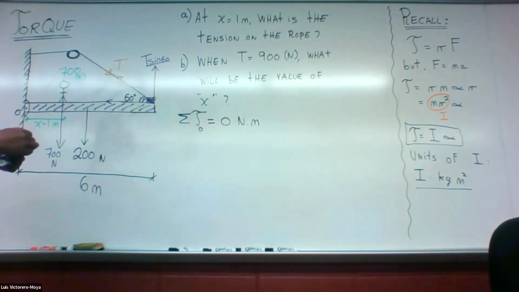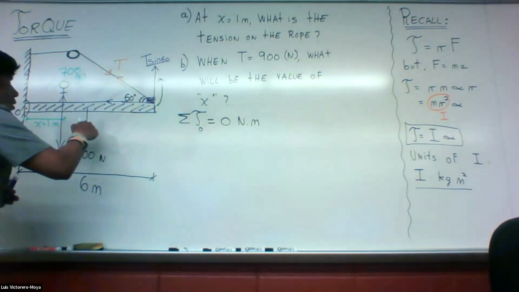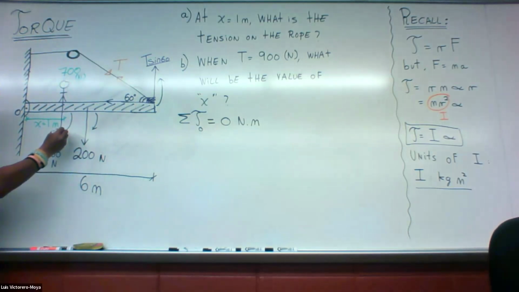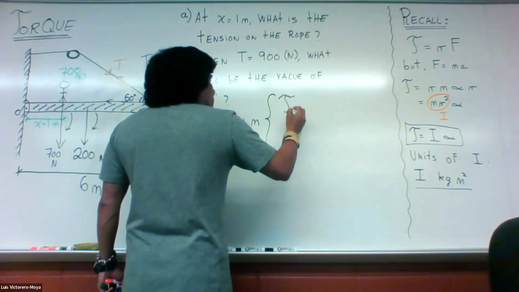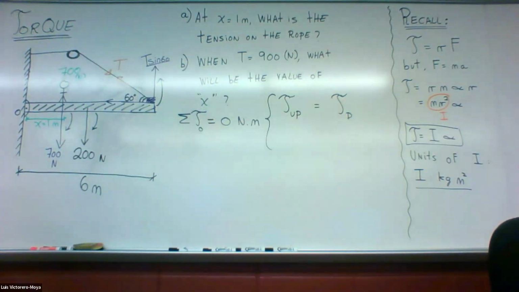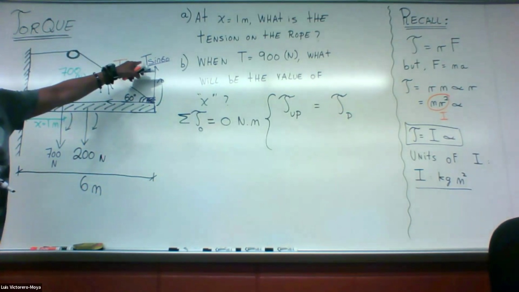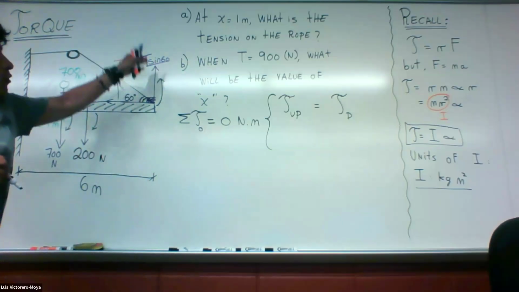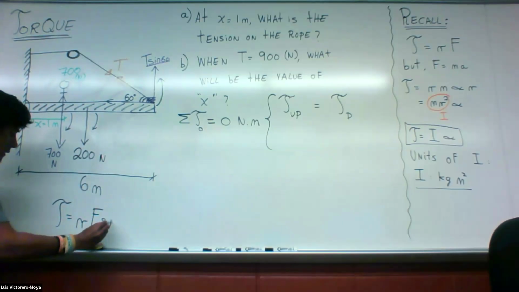So direction-wise, we have that this force is pulling it upwards, while these two forces are pulling the bar downwards. So the torque going up is equal to the torque going down. Okay? So the torque going up is only due to this force, T sine 60, right? Remember that torque magnitude-wise is R F sine theta.